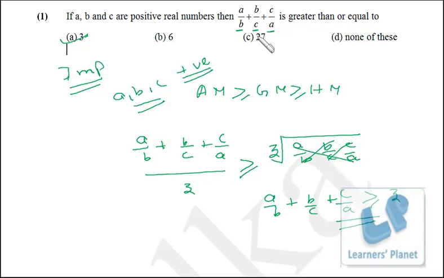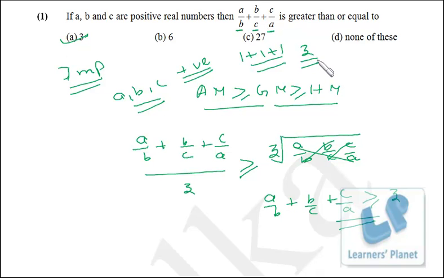But whenever you have to find out the minimum or maximum value of this sort of expression, this is the property that is used. So to save time, what you can do is you can take A, B, C as equal, right? You can take all of them as 1. So you'll be getting 1 plus 1 plus 1. That's 3. That will be the minimum value.